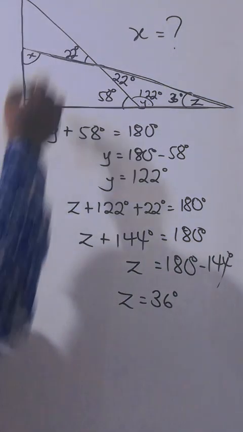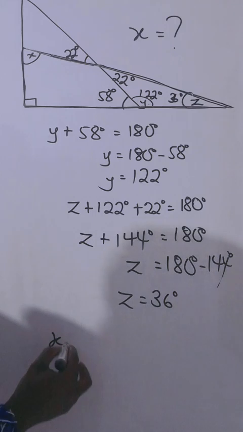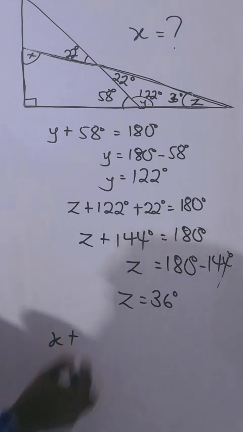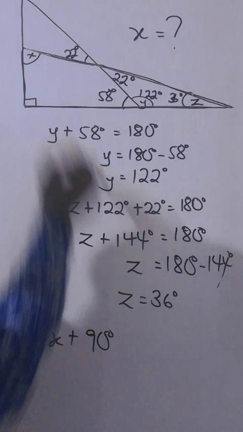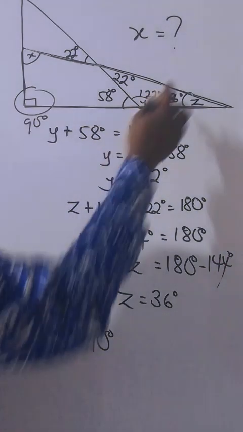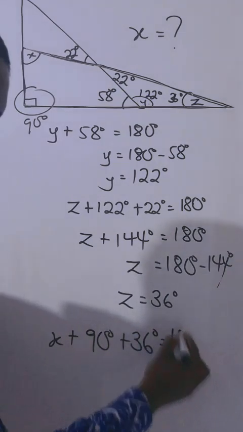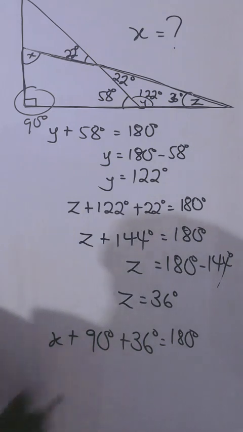So now you can solve for the x, the main question, that is the x value here. So you have x plus 90, which is a right angle, which means 90 degrees, then plus the 36 degrees equal to 180 degrees.